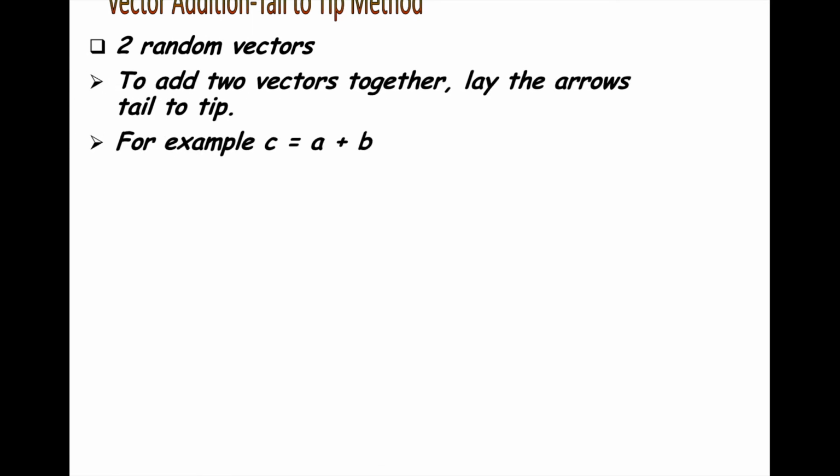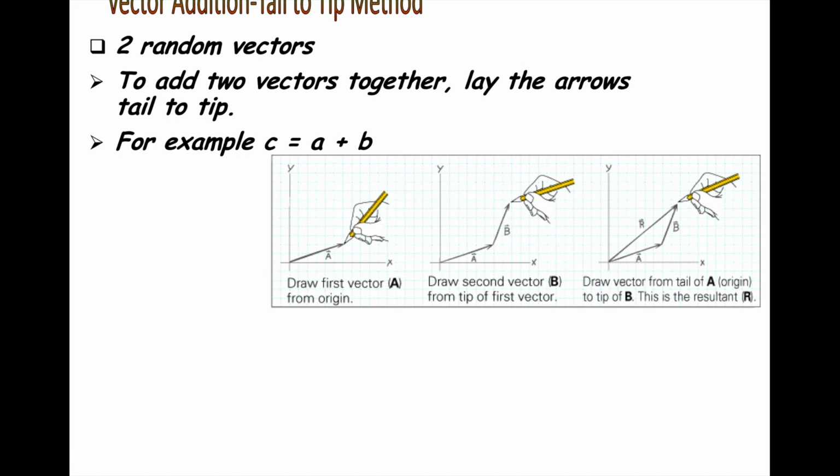Let's consider two random vectors. When we add them together, we use the tail to tip method.